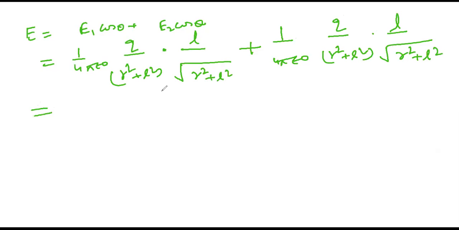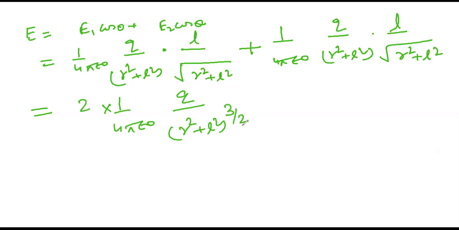See this, same thing 2 times you put it. So you can write it twice into 1 by 4 pi epsilon naught q upon r square plus L square. What will be short form of this? To the power 3 by 2. Are you able to follow? Yes.